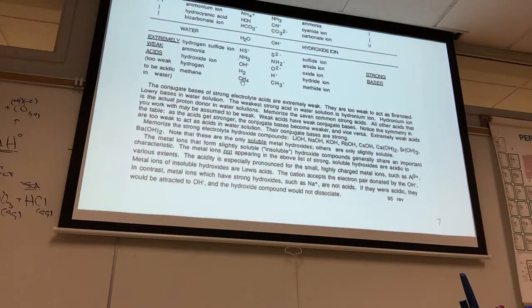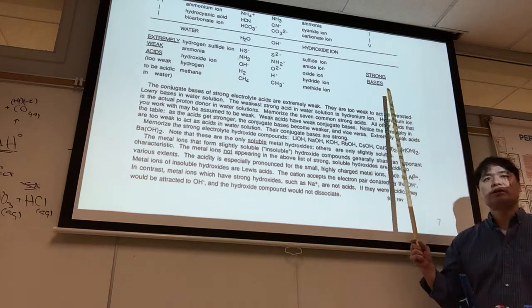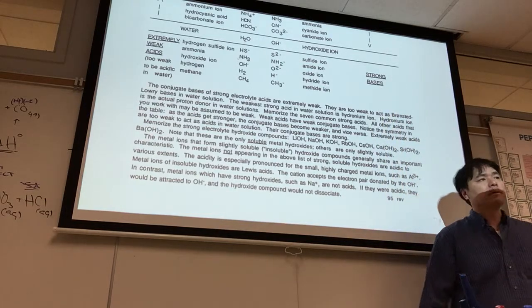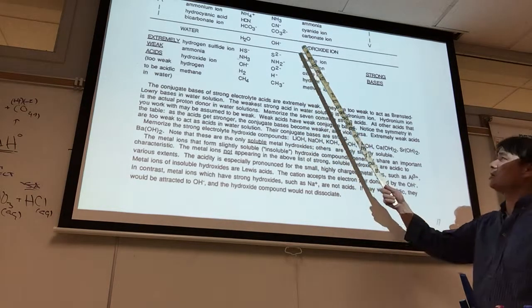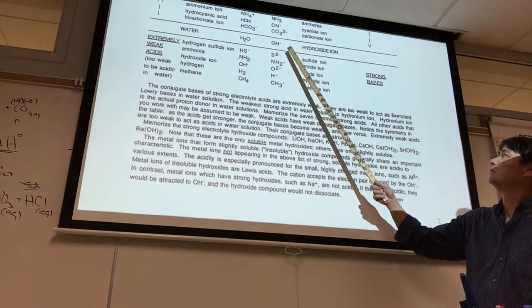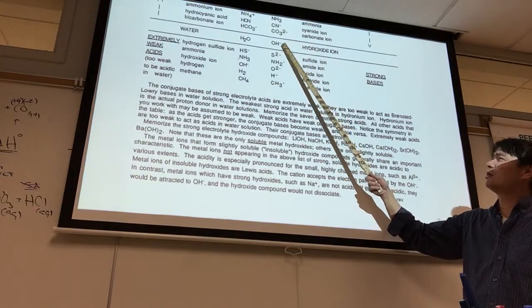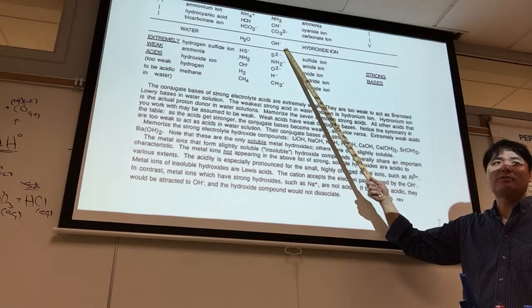What a lot of people don't memorize are the strong bases. What are the strong bases you have memorized? A lot of people will say, oh, sodium hydroxide, potassium hydroxide. But that's too limited. The strong bases are the soluble hydroxides. But there are stronger bases than hydroxide that you do have to know.